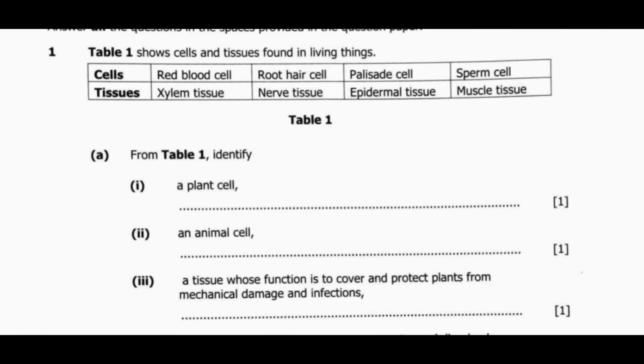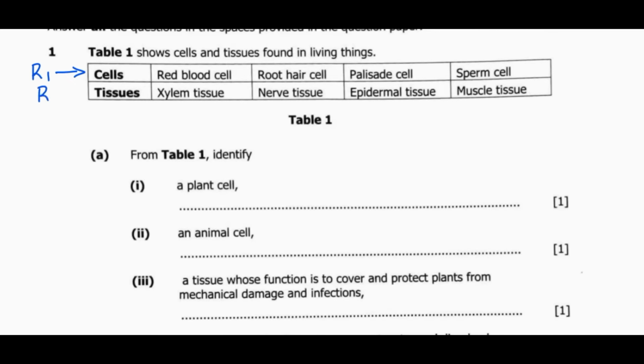So we have table 1 shows cells and tissues found in living things. Now let's look at the first row. Row 1 here has to do with the cells. We have red blood cell, root hair cell, palisade cell, and sperm cell.